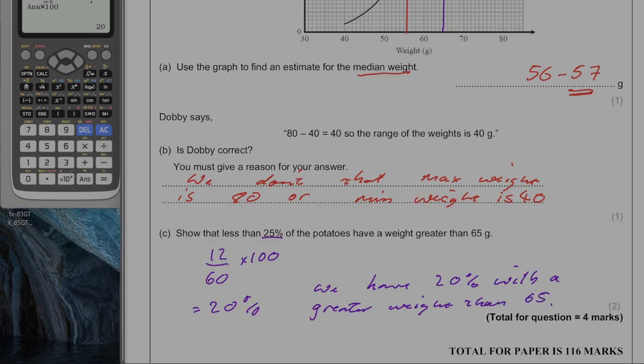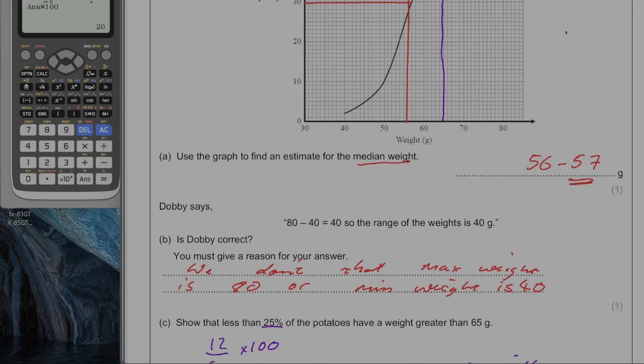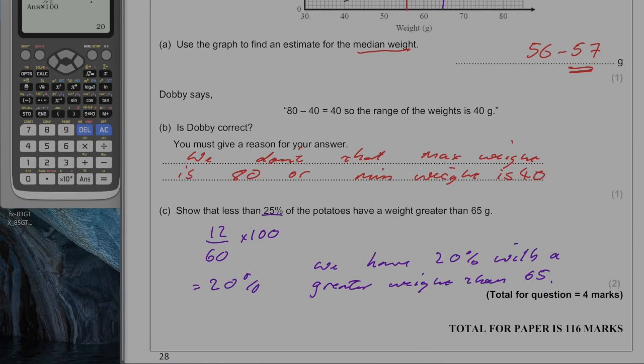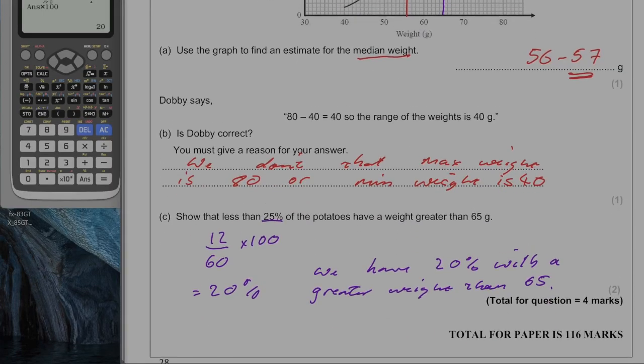Our other option would have been, if we're looking at 25% and we've got 60, we could have looked at what the 45 mark was, and then read that off and said that we've got less than 25%. Either way, that is fine.